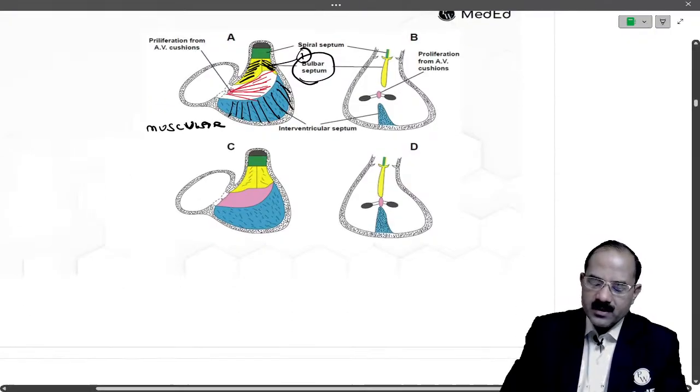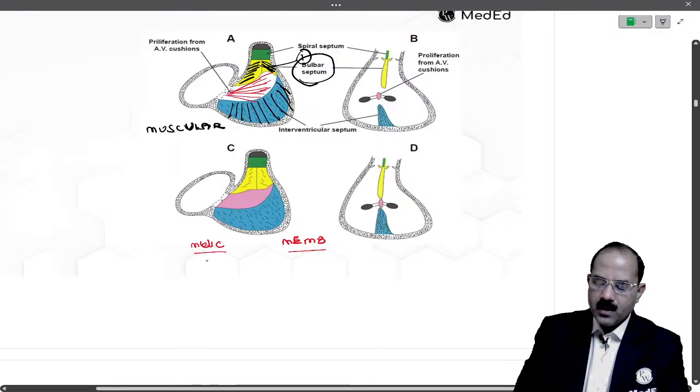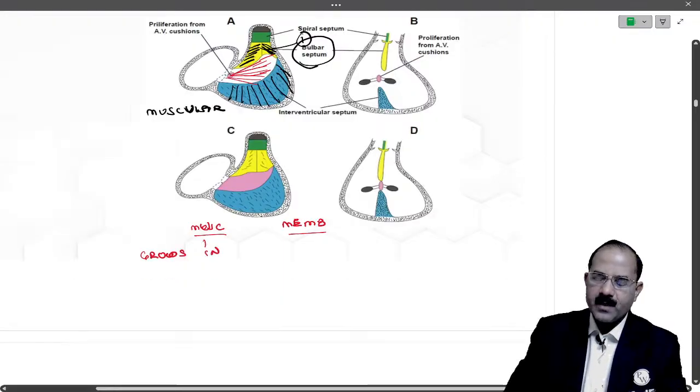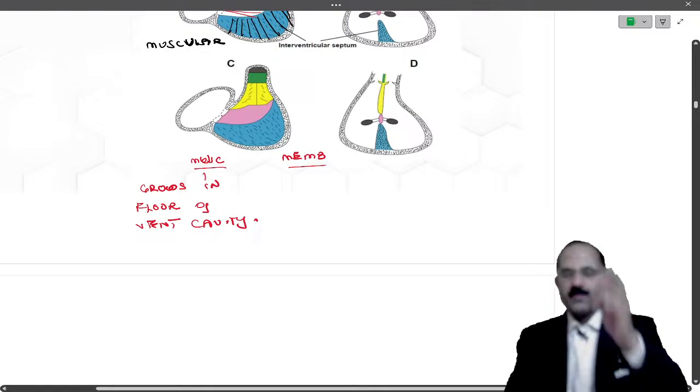So the interventricular septum is of two parts. One is the muscular part and the other one is the membranous part. Remember it like this: muscular part, membranous part. The muscular part grows in the floor of the ventricular cavity.